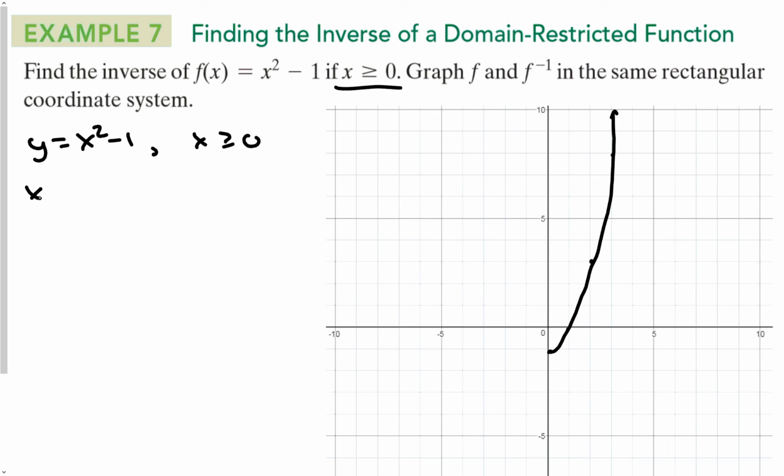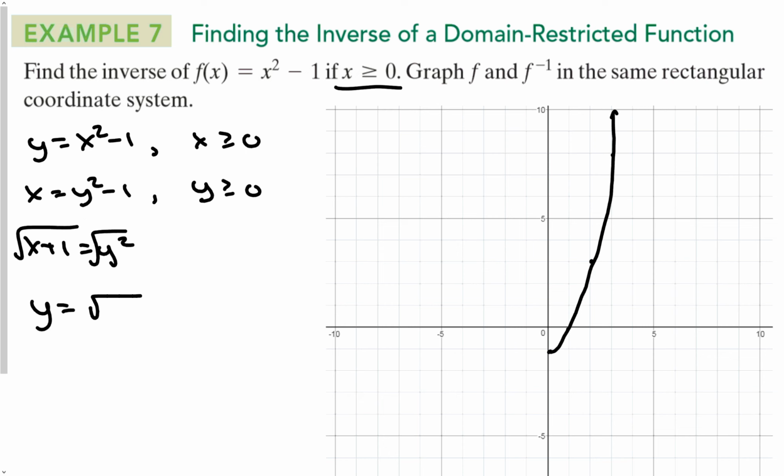If I switch x and y, I also switch it in the restriction as well. Okay, let's solve for y. Add 1 to both sides, and then take the square root. So y is going to be equal to the square root of x plus 1.